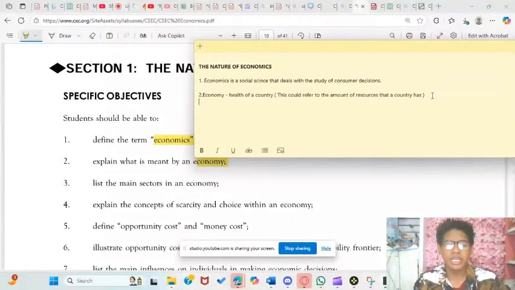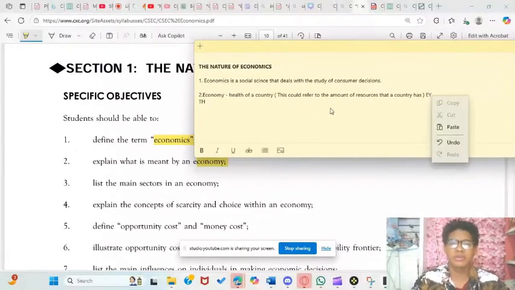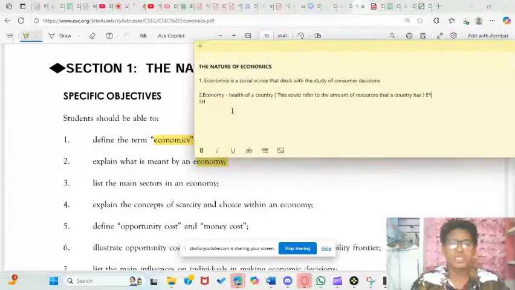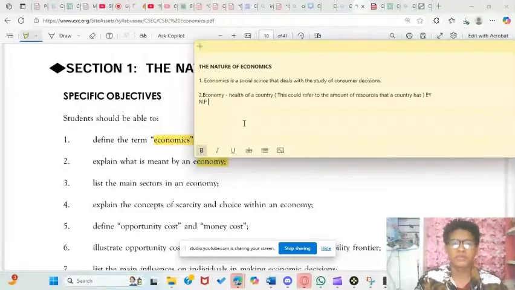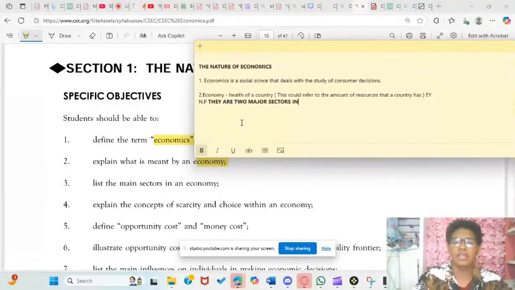These are the main sectors in an economy. There are two major sectors. Let me just put that down. This is just a note. I put this in so you guys could take this down as a personal note.